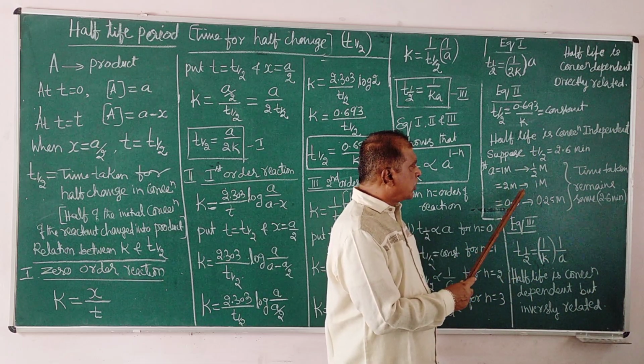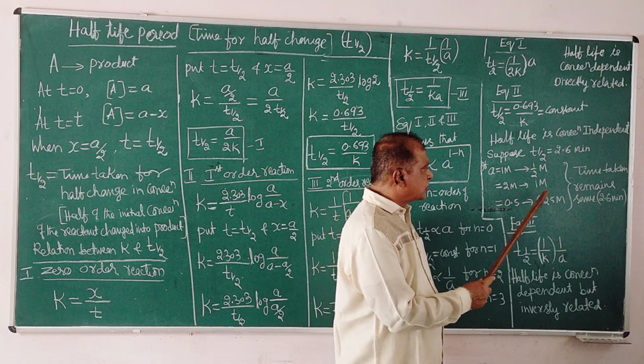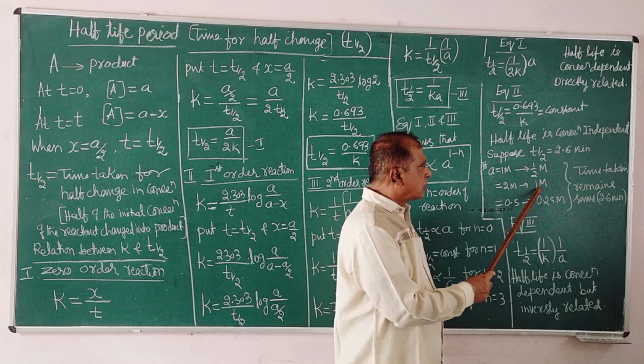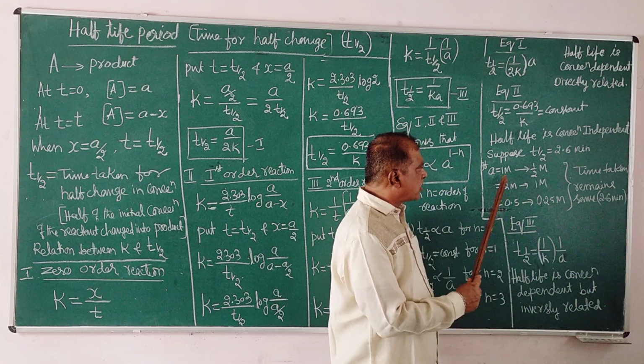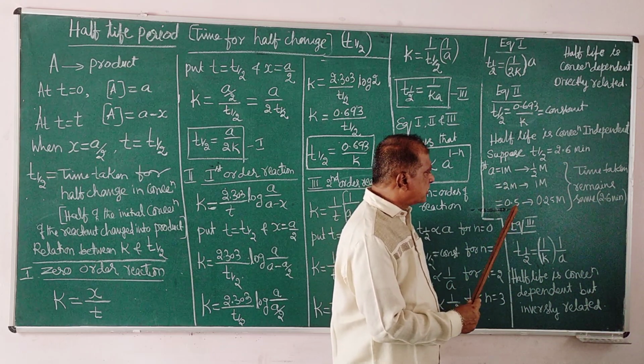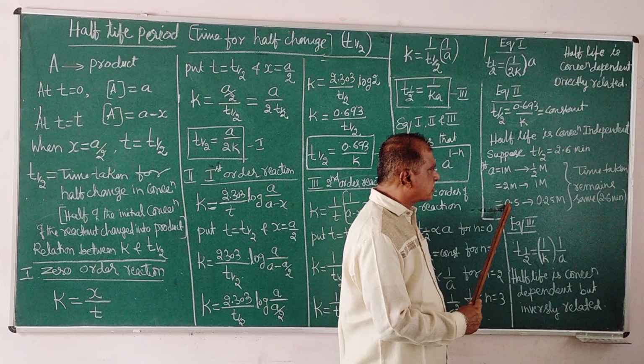If you take 2 molar, it changes to exactly half of this, 1 molar. If you take 0.5 molar, it changes to 0.25, half of this.